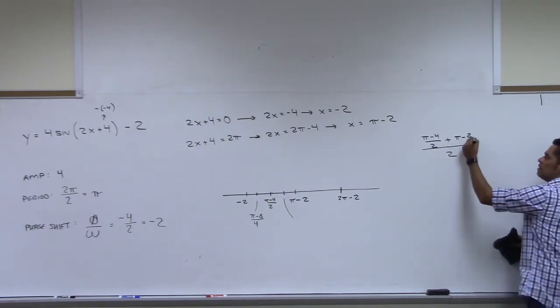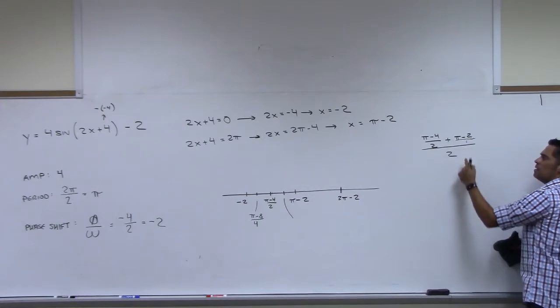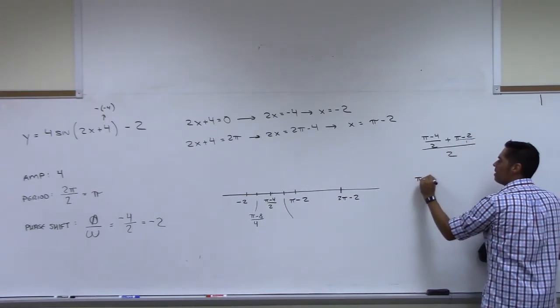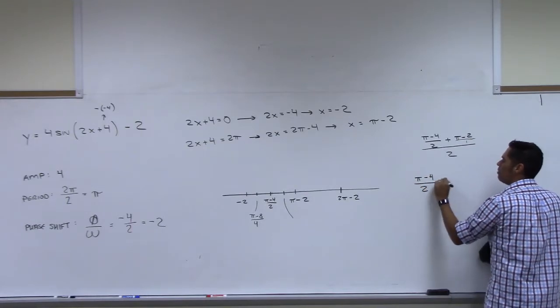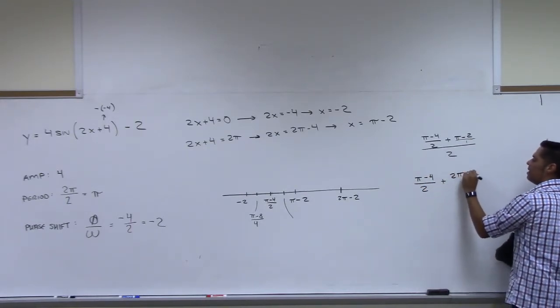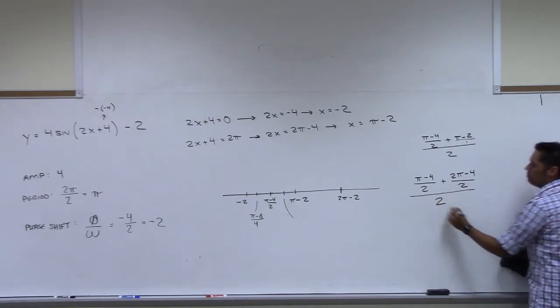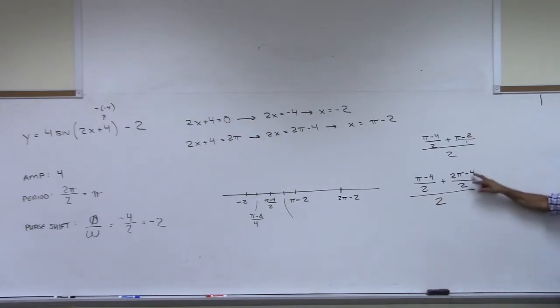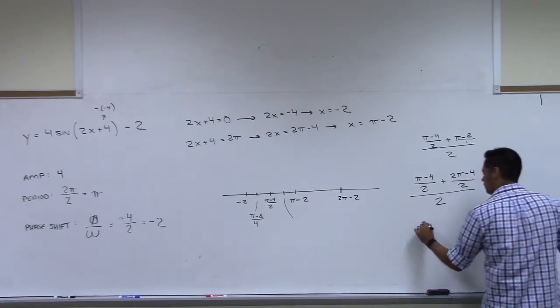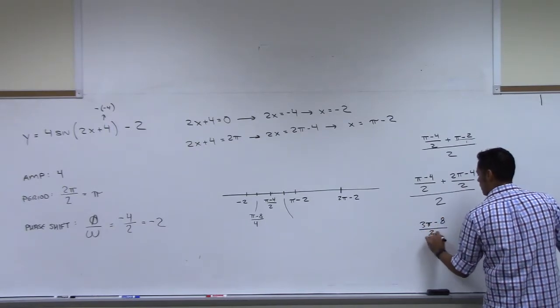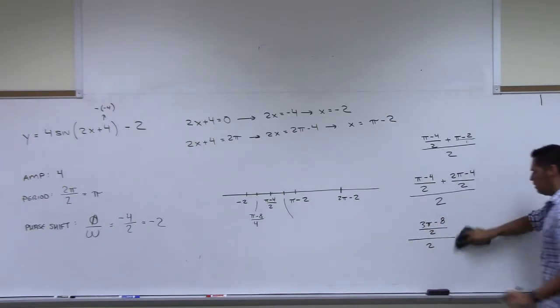So I need to look at this as being over 1. So I multiply top by 2, bottom by 2. So pi minus 4 over 2 plus 2 pi minus 4 over 2, all of this over 2. Just getting a common denominator between those two. Add them together, 3 pi minus 8, all over 2, but then all of that over 2.